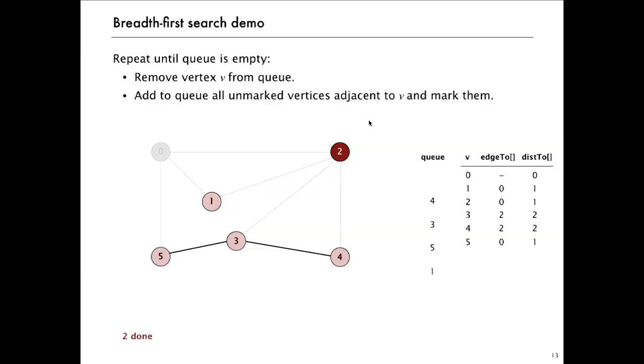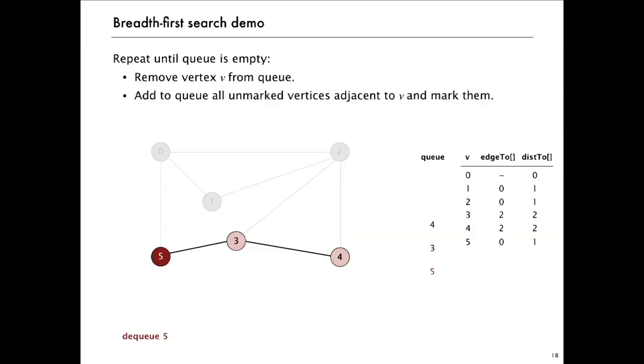Now we have 1, 5, 3, and 4 all in the queue, and we're going to process them. Since we've marked everything, all we're going to be doing now is checking vertices that are marked. So for 1, we check 0, and that's marked, and we check 2, and that's marked. So then we're done with 1.